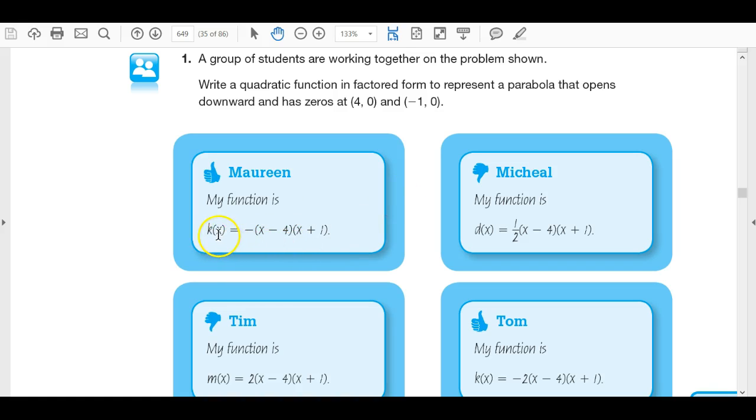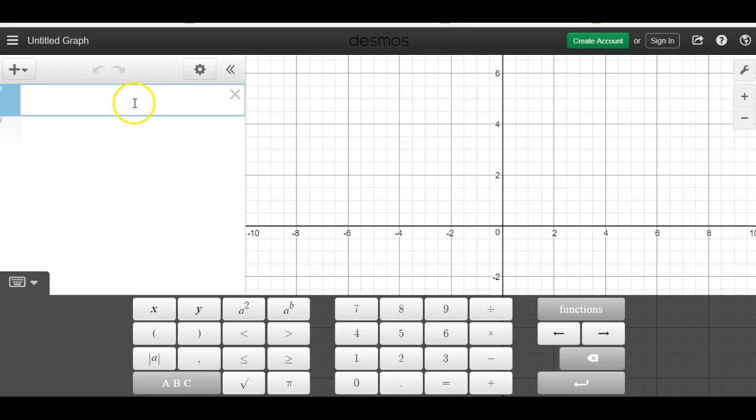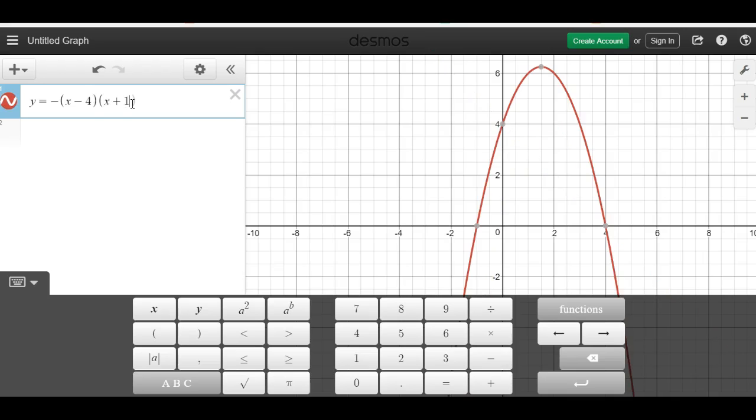This is the function k of x equals negative (x minus 4)(x plus 1). And I'm not going to write it in function form, I'm going to write it as y equals negative (x minus 4)(x plus 1).